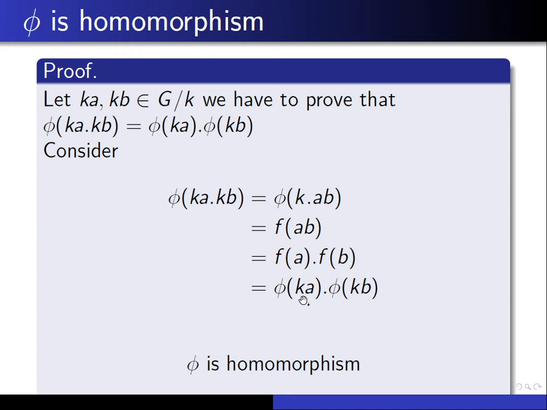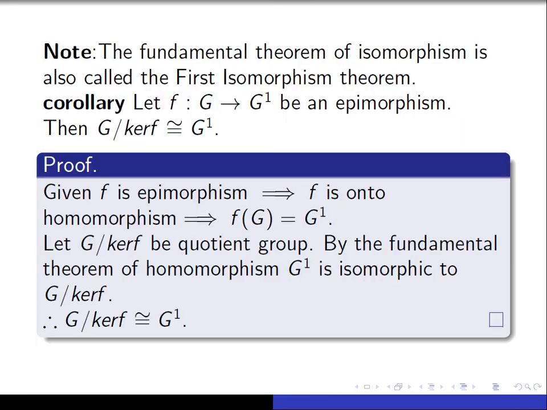According to the definition, f of a is phi of Ka and this is phi of Kb. In this way we can prove that phi is a homomorphism. Therefore every homomorphic image of a group G is isomorphic to its quotient group. Now note, this fundamental theorem of isomorphism is also called the first isomorphism theorem.